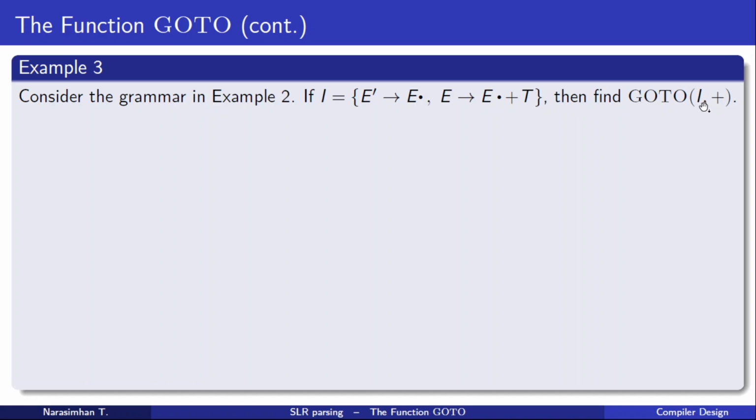In this I you identify which items have dot to the left of plus. Here you find that only the item E gives E dot plus T has dot to the left of plus, so only that item will be added to the temporary set.